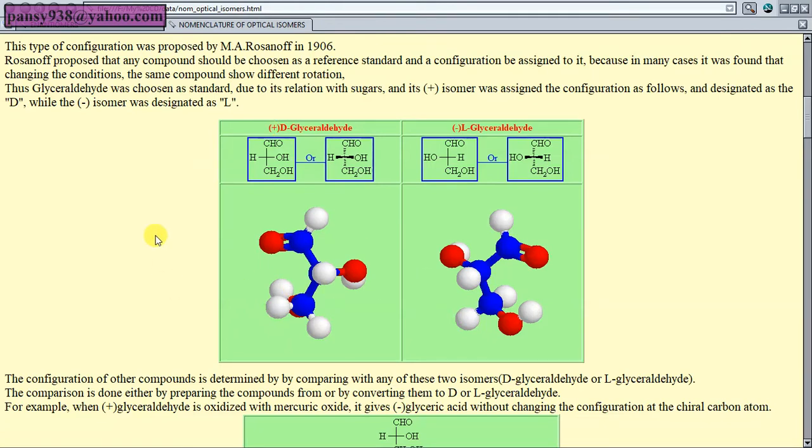But in many cases you will see that the D series compound could be levorotatory too.